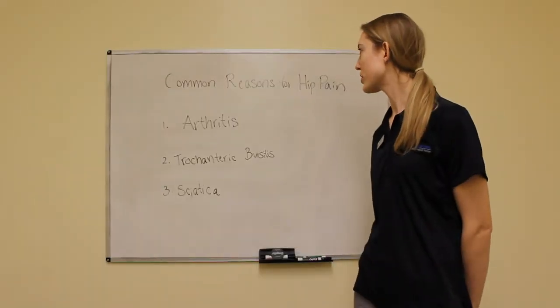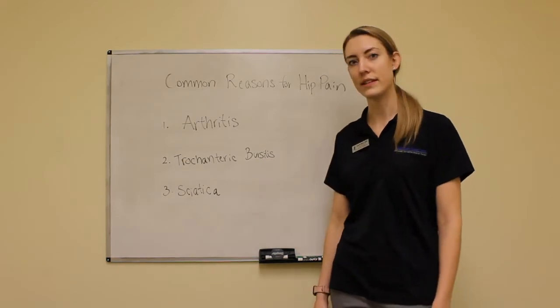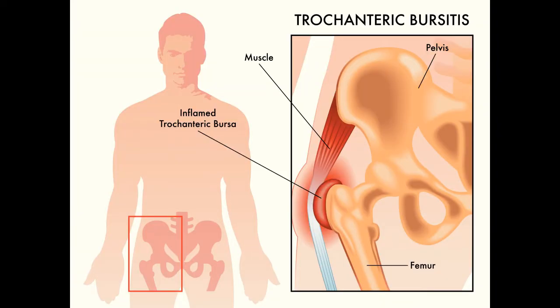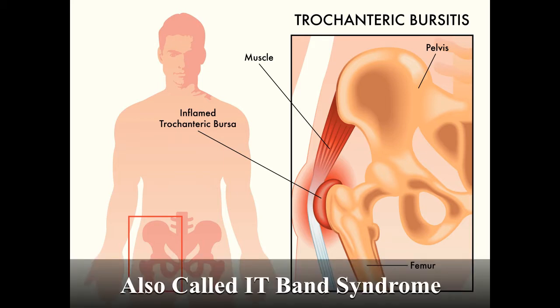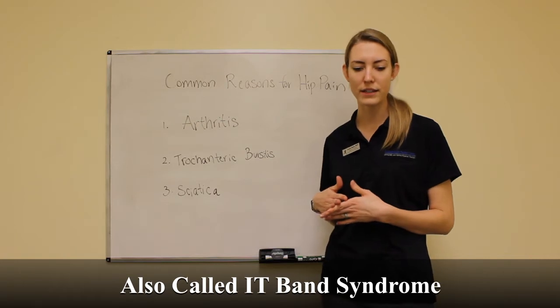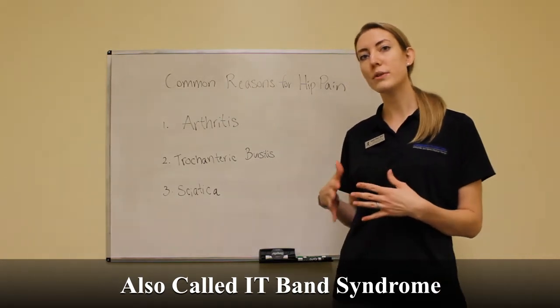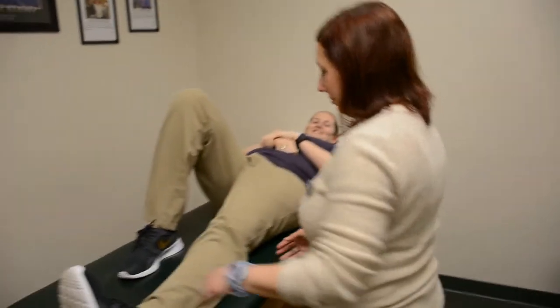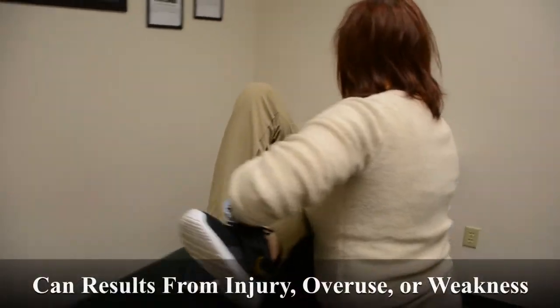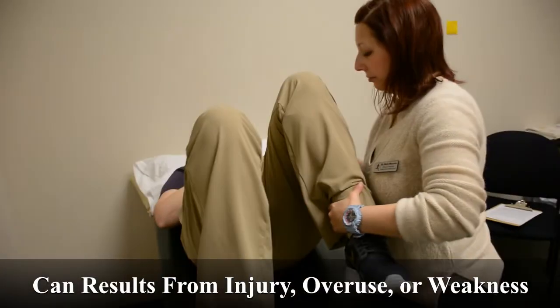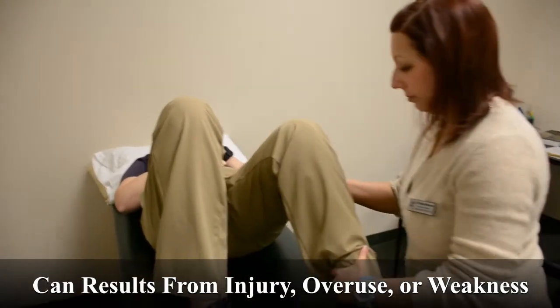So another major cause for hip pain that we see in physical therapy is trochanteric bursitis, which is also sometimes called IT band syndrome or IT band pain. And this is pain that you get on the side of your hip. It can result from an injury, from overuse, or just from poor posture or weakness.